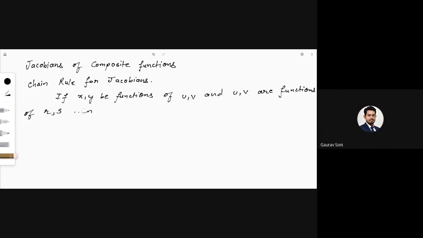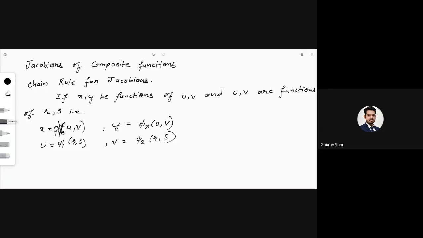First of all, x is equal to phi 1 of u comma v, y is equal to phi 2 of u comma v, and later u is equal to psi 1 of r comma s, and v is equal to psi 2 of r comma s.